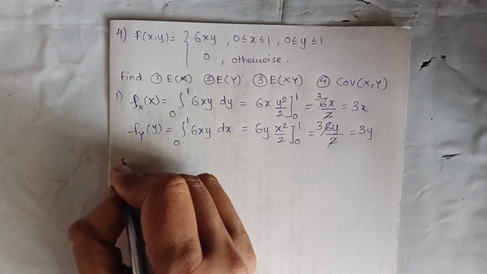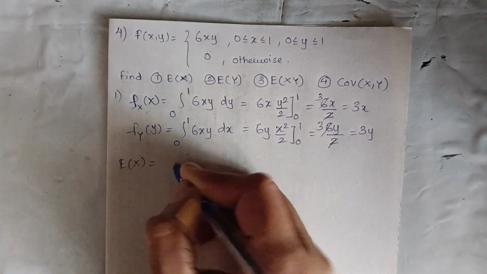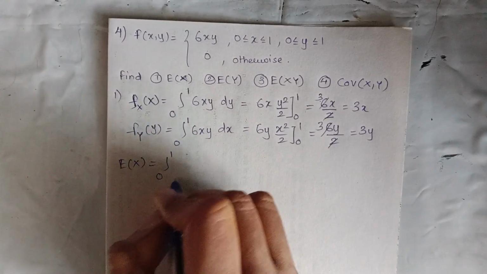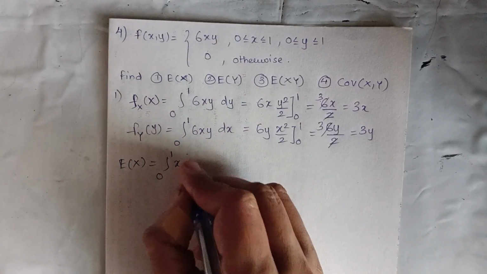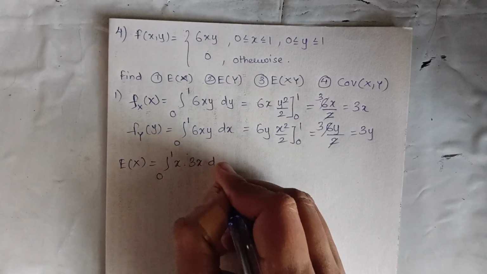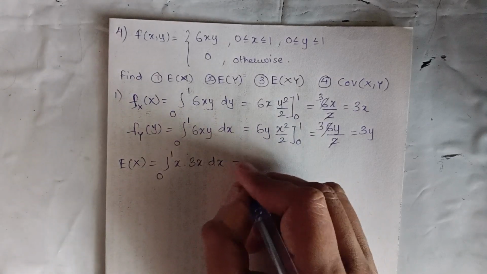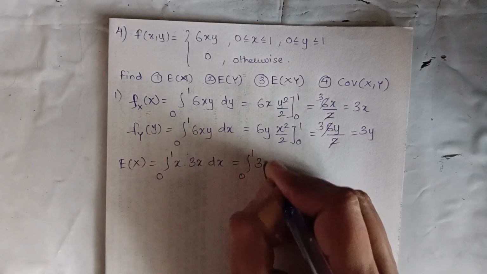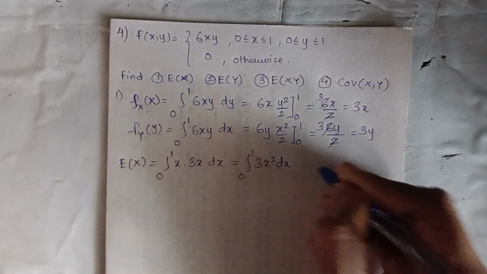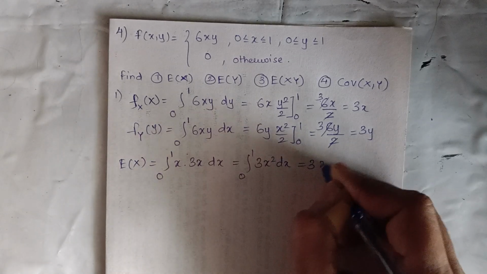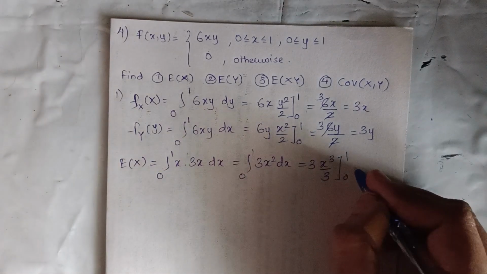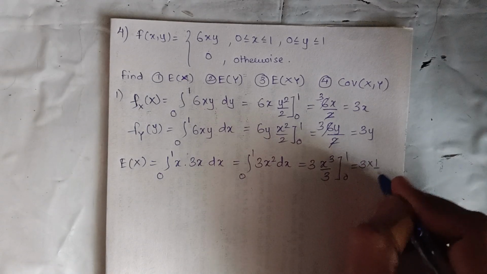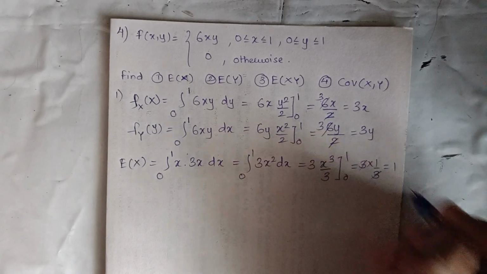Now we calculate E of x. 0 to 1, x into fx. So it is 3x squared with respect to x. 3 is constant, x cubed by 3, 0 to 1. So 3 into 1 by 3, answer is 1.